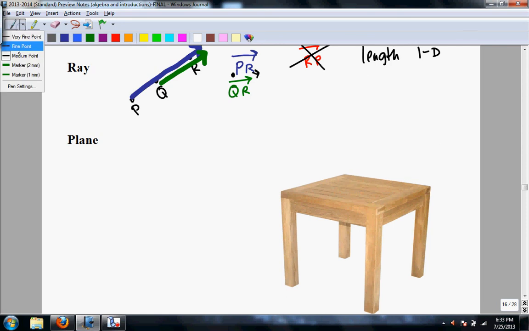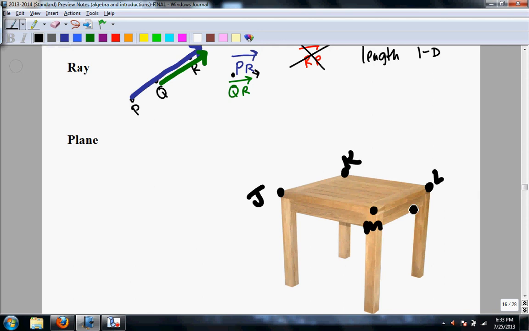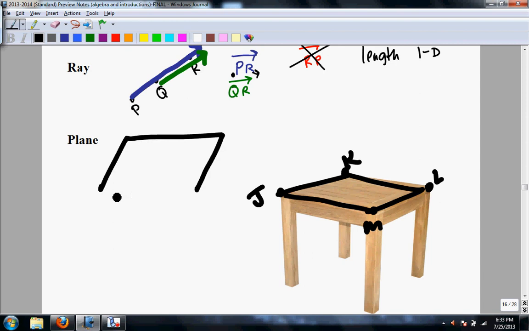So let me give you an example here. We're going to call this JKLM. I'd like you to put points there and connect it. JKLM. This tabletop is going to represent a plane. I'm going to redraw that tabletop here. JKLM.